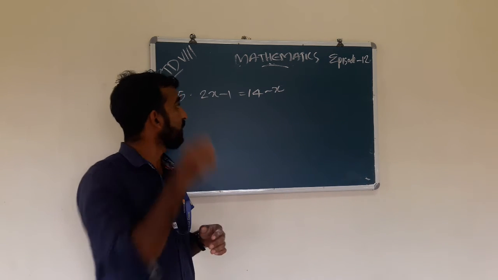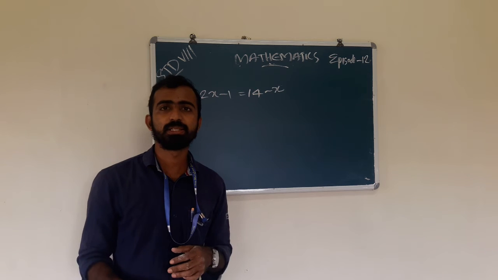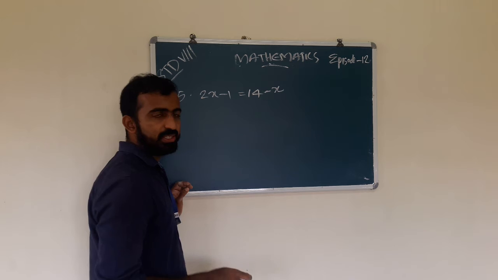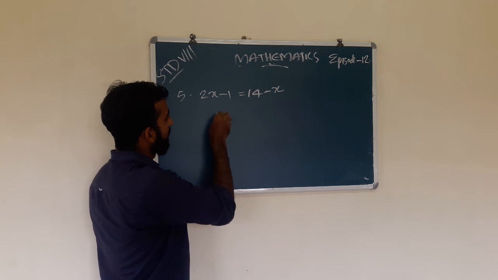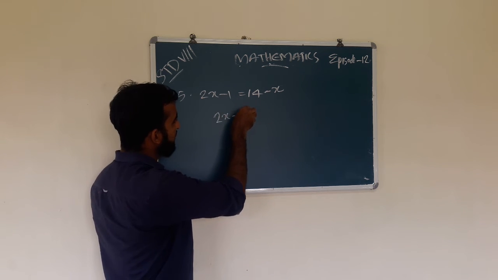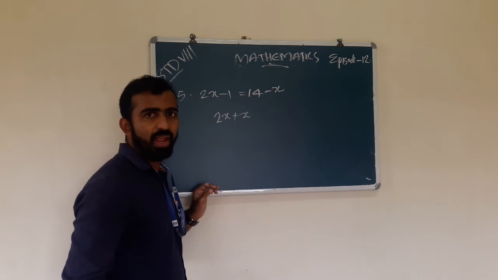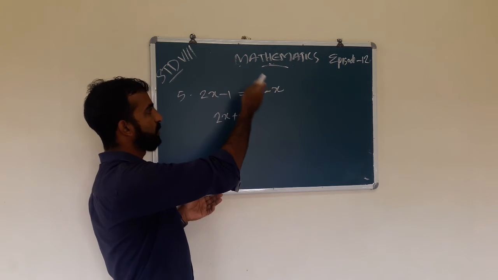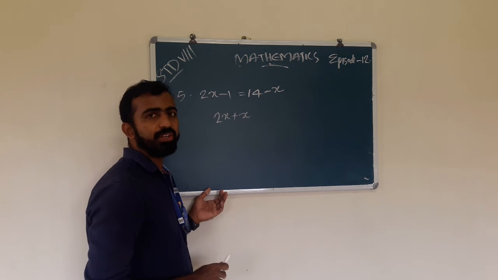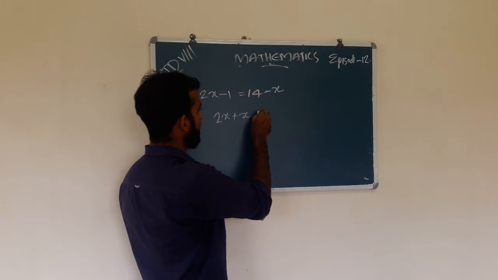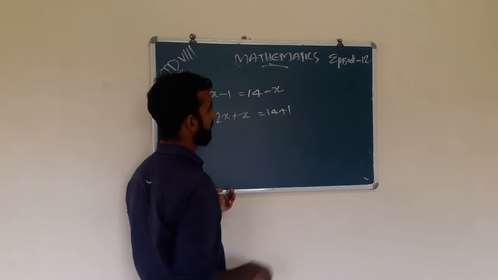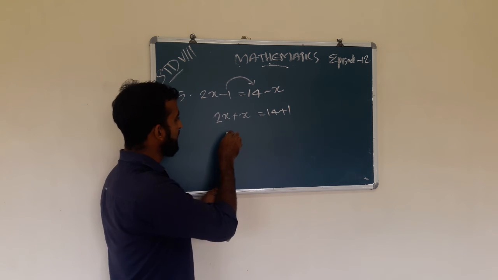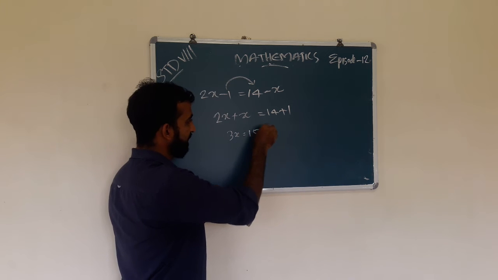What do we get? Here is minus x and when going to the left side, it becomes addition. That is 2x plus x equal to 14 plus 1. The 1 is going to right side. Is it? Yes. That is 3x equal to 15.